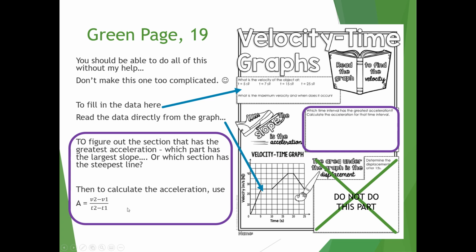But remember, to calculate acceleration, you use the final velocity minus the initial velocity divided by the total time interval. So you have 3 different sections here, and you can probably look at them and determine which one has the largest acceleration. But pause the video and go through and record all these numbers and record the information.